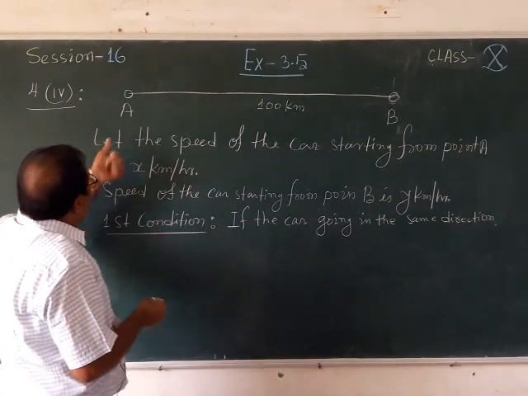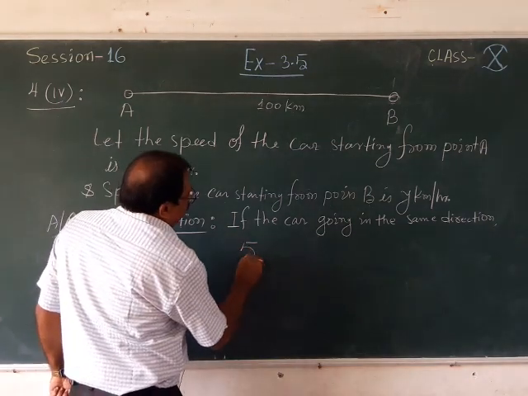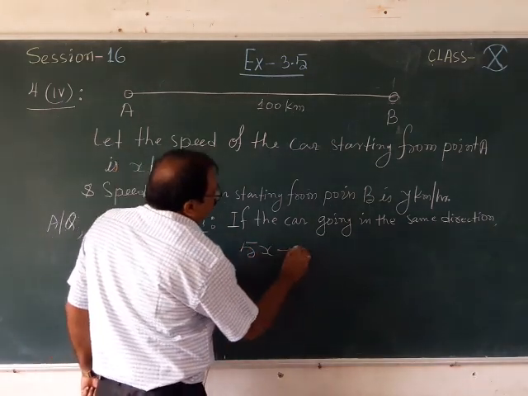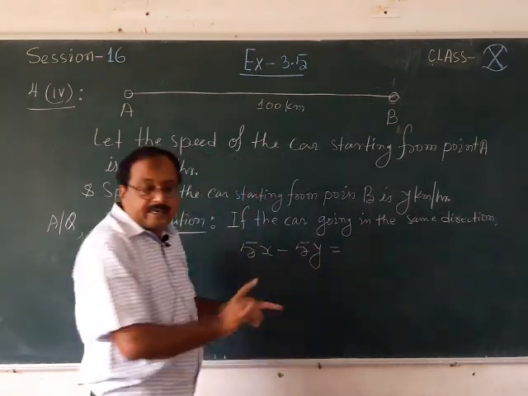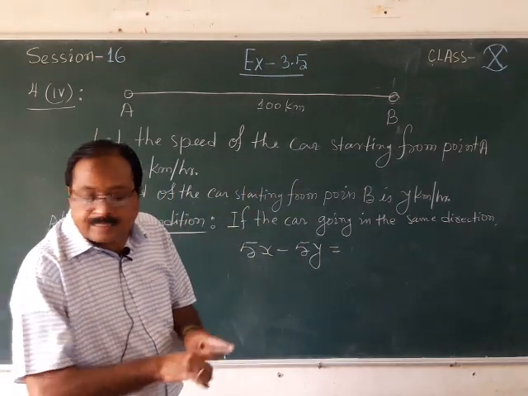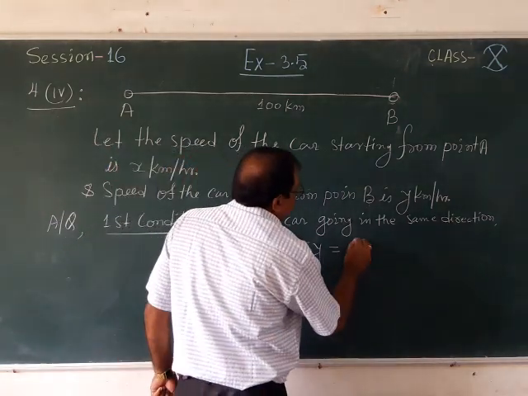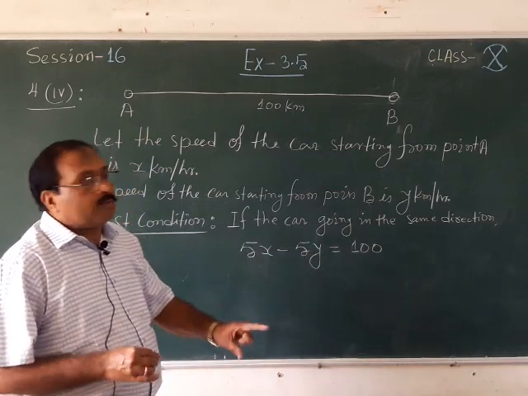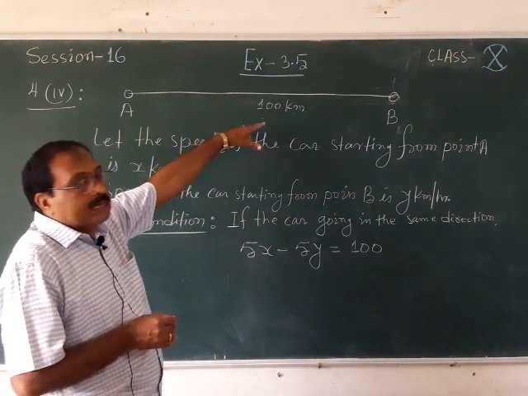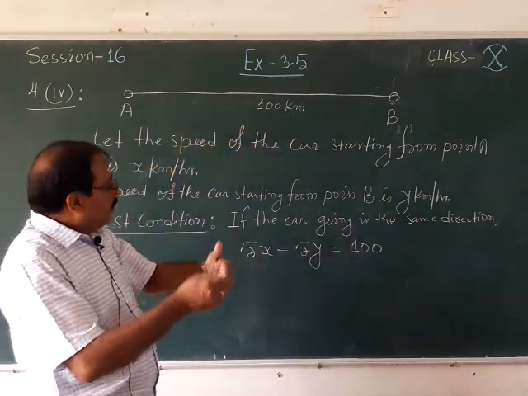That means car A can go 5x kilometers and car B can go 5y kilometers, and they will cover a distance of 100 kilometers, because the distance between these two cars was 100 kilometers, and they are meeting together.